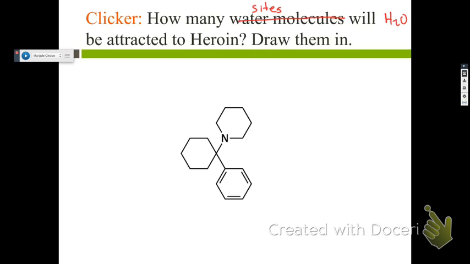How many sites will water be attracted to in heroin? And then go ahead and draw those water molecules around. Oh, sorry, this is not heroin. Angel dust, PCP. Is it not open? No, sir. Do we need to click this in? How many? Hold up your fingers.